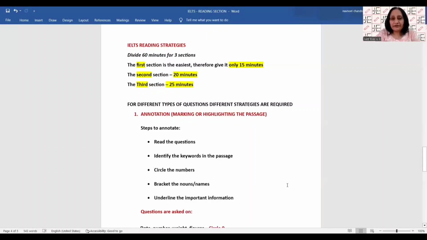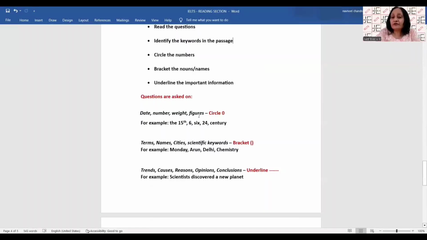So I'll explain it with a few examples here. Now the questions are asked on basically date or number, weight, some figures. So just circle it. For example, 15th, 6th century, all these are given. Just put a circle around. Then cities, scientific words, names, terms. So basically nouns. Put a bracket around it. So then there's a differentiation.